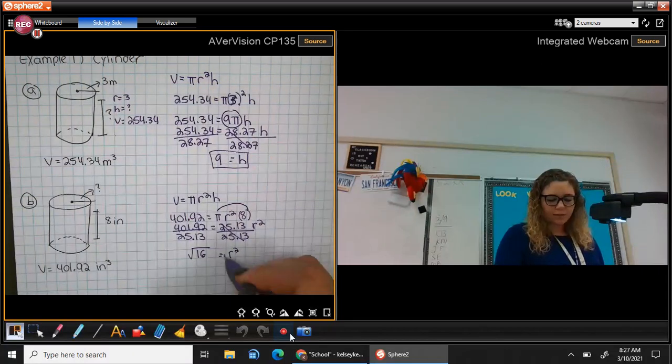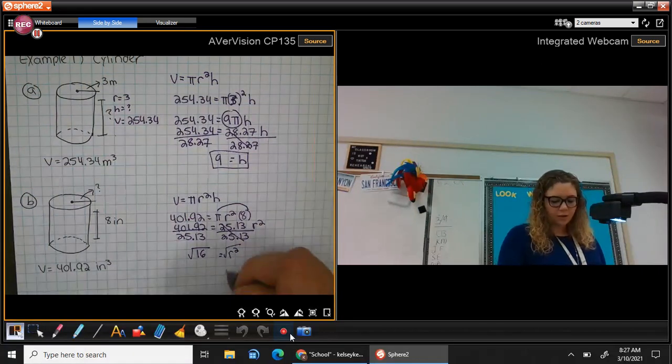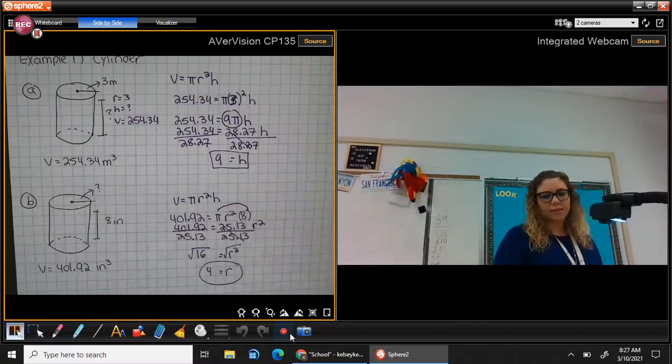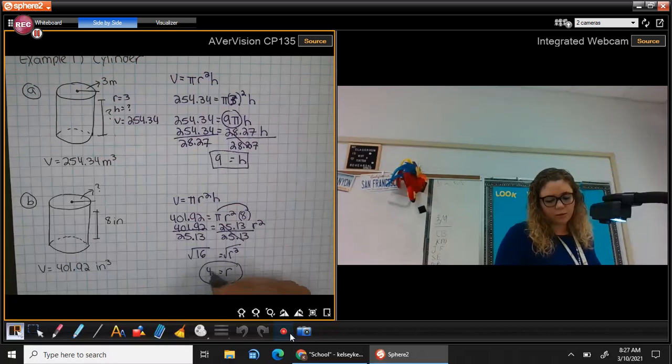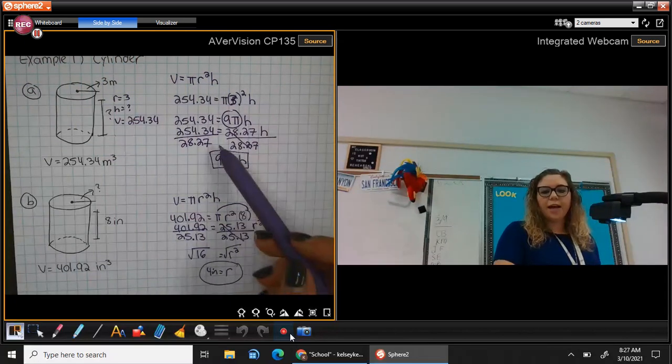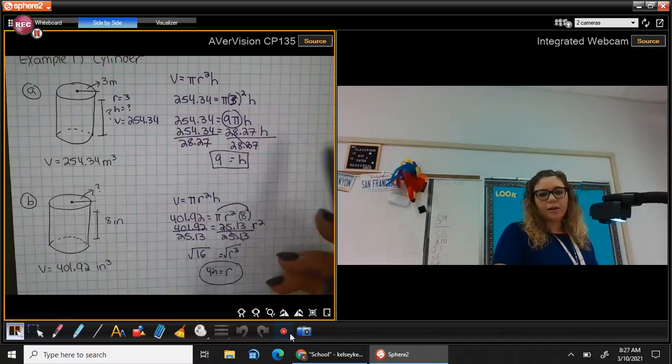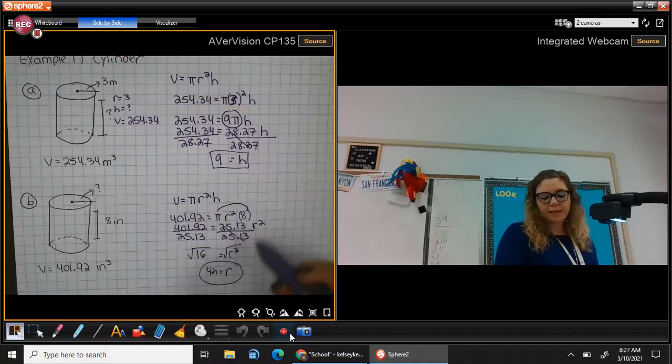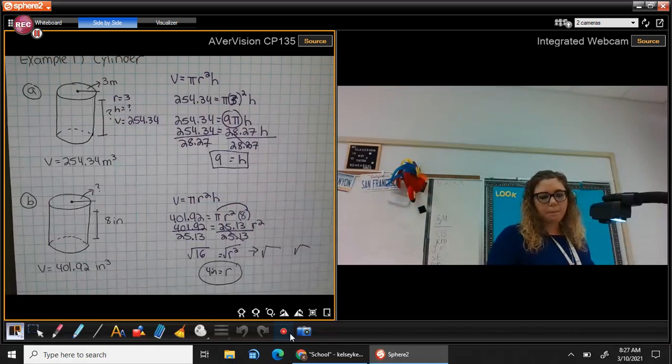And then I'll take the square root of both sides. r is going to give me 4. So my radius is going to be 4 inches. So the difference is, when you're solving for height, you just solve for h. When you're solving for the radius, your last step, you're going to have to take the square root of both sides.